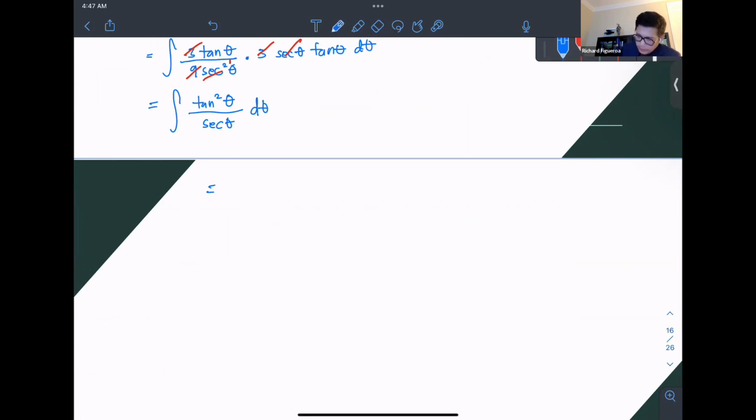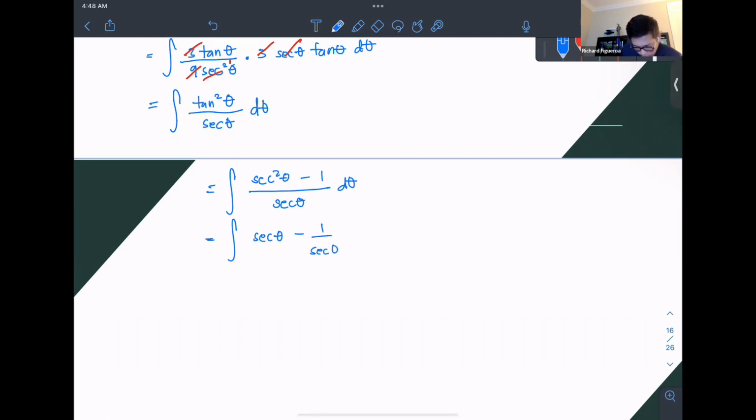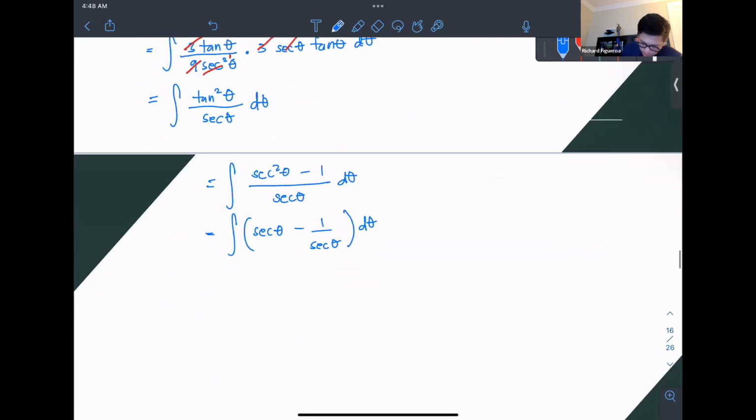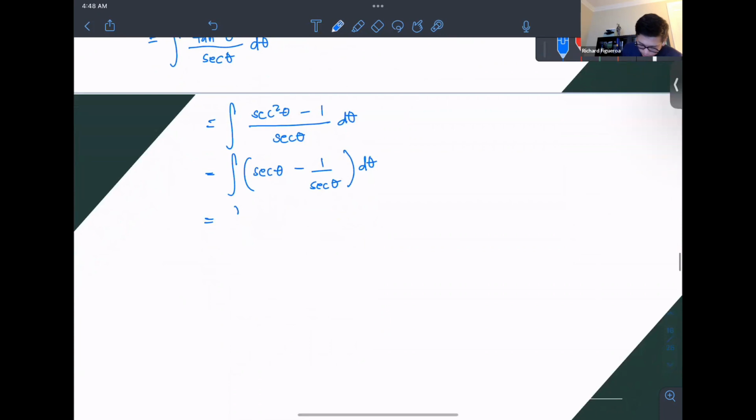For tangent squared, which is secant squared theta minus 1, over secant theta d theta. Then secant squared over secant is just secant theta, then minus 1 over secant theta d theta, which is the same as secant theta d theta minus cosine theta d theta.